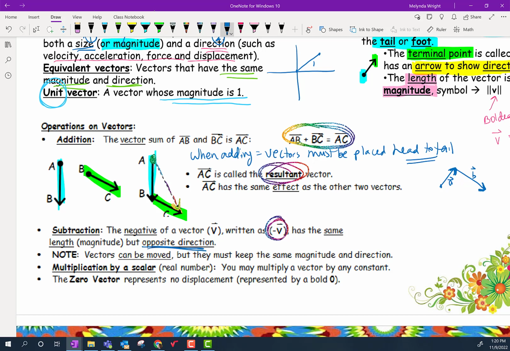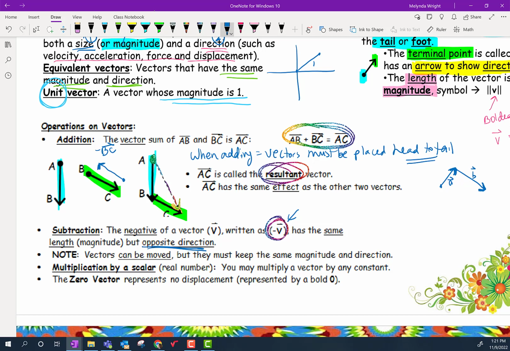So if I were going to do the opposite of BC, then I would draw it exactly the same length, approximating, but the arrow would be on the other end. That would be the opposite of BC. And that's the opposite of V. You could think about it like 180 degrees rotated.